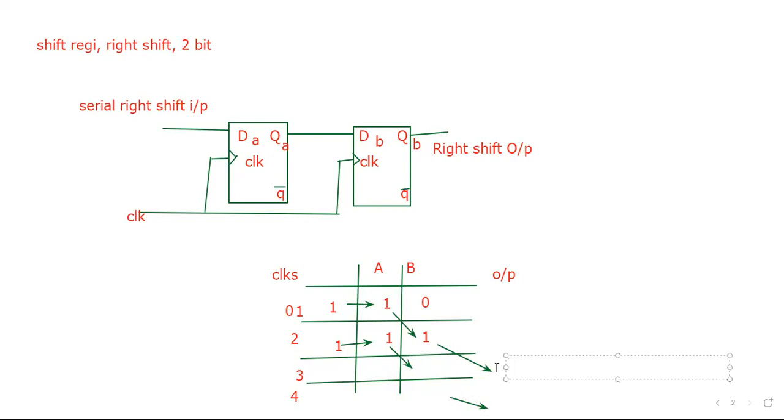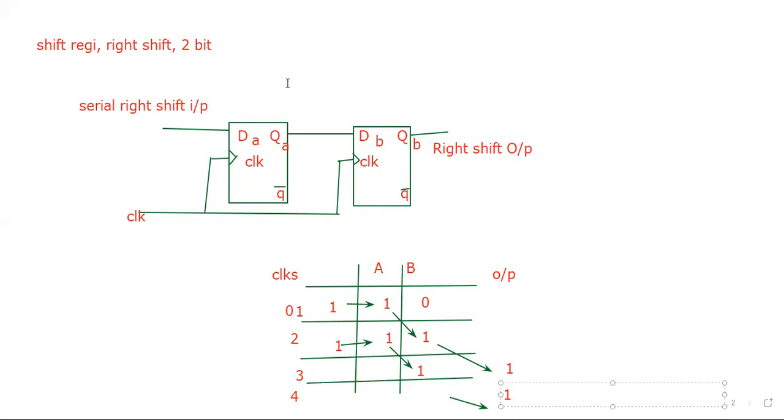So at the third clock we will have our data 1 over here, and simultaneously the output of A would be inside B. And at the fourth clock we would have our output 1 on the other end.